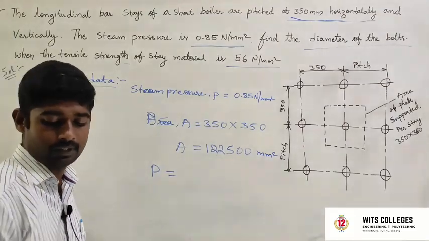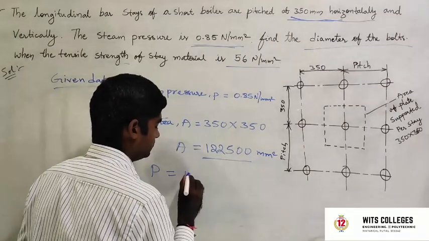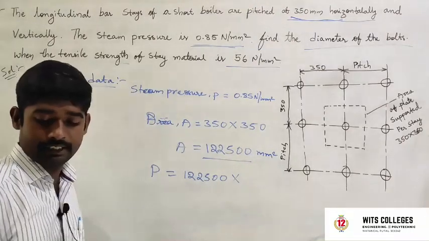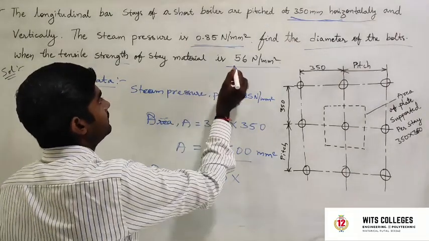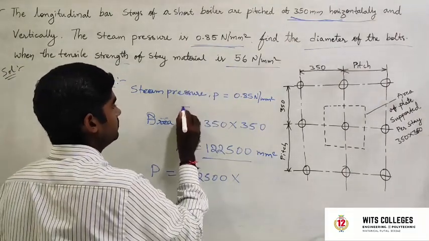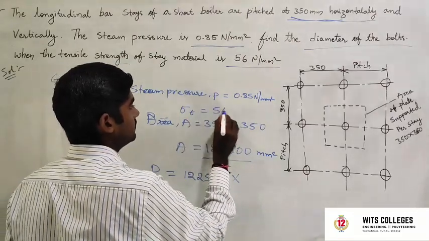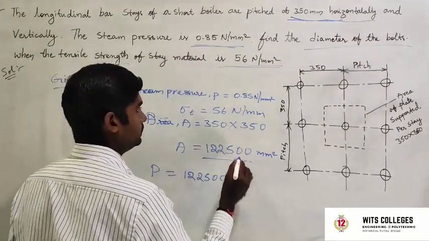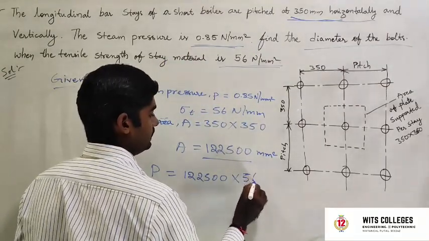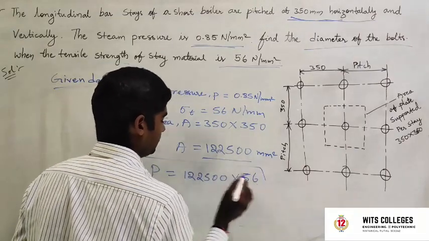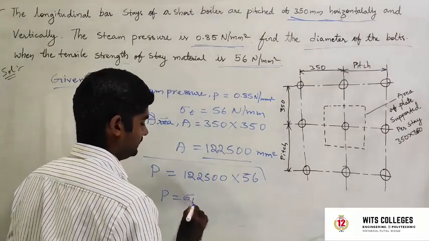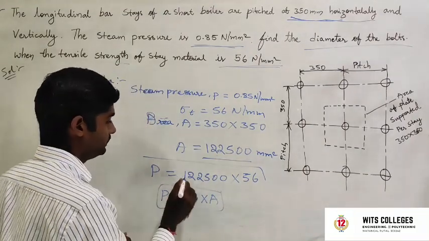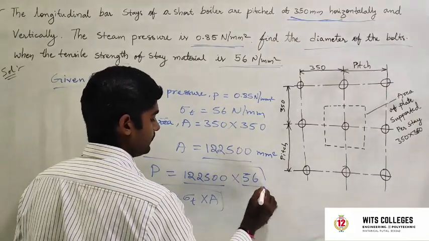Coming to the next, load capital P is equal to area into stress. Tensile stress is equal to 56 newtons per mm square. Substitute tensile stress 56. Already we know that P is equal to tensile stress into A. Using this formula, substitute A value into stress.